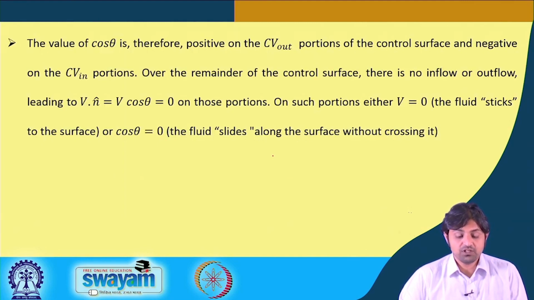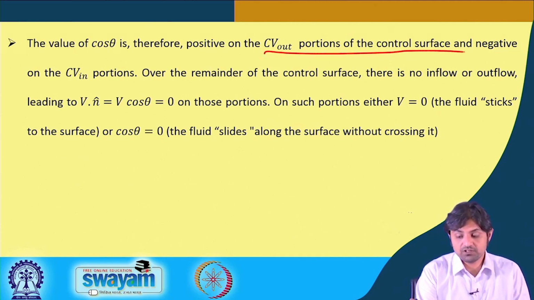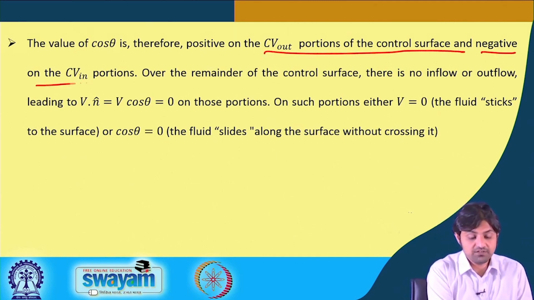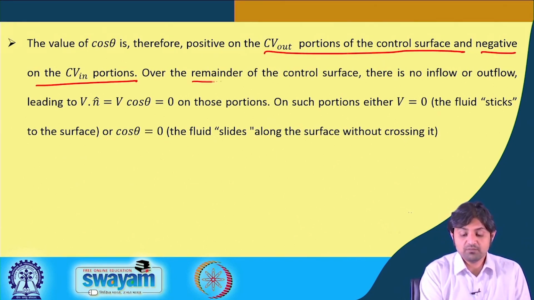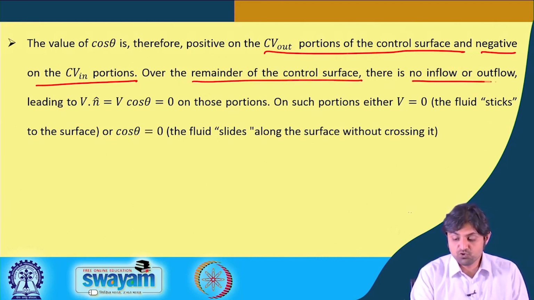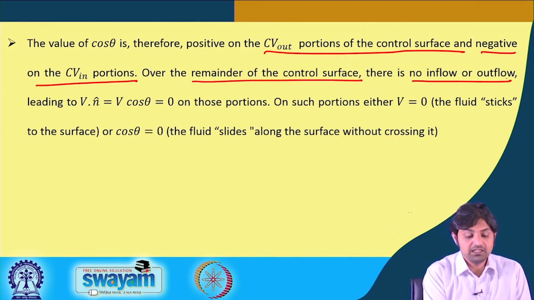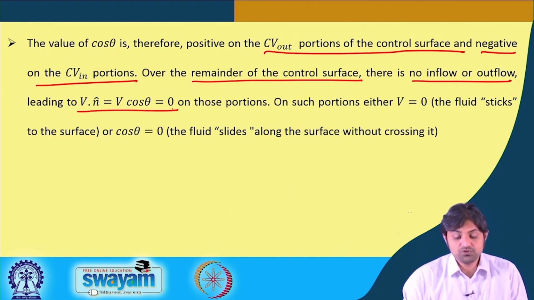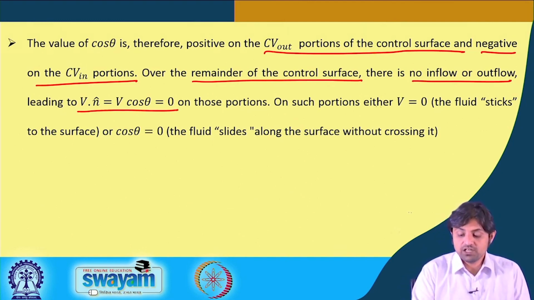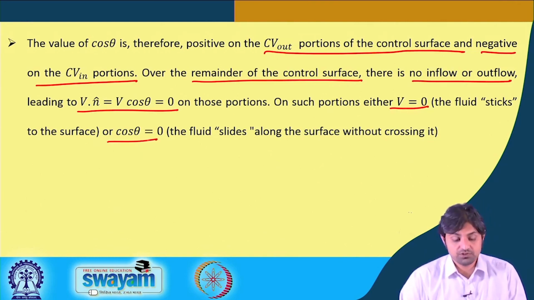So the value of cos theta is positive on the CS out portion of the control surface and negative on the CS in portions. Over the remainder of the control surface, there is no inflow or outflow, leading to V dot n equal to 0 on those portions. On such portions, either V is equal to 0 or cos theta is equal to 0.